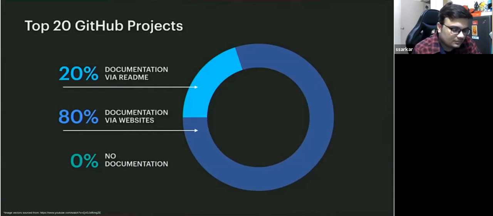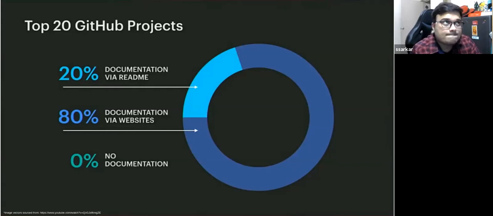This was interesting because none of the top 20 GitHub projects had no documentation. All of them had some type of documentation. This drives home how important documentation is for a project to be one of the top projects out there.